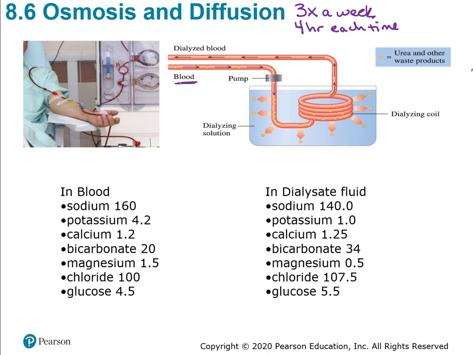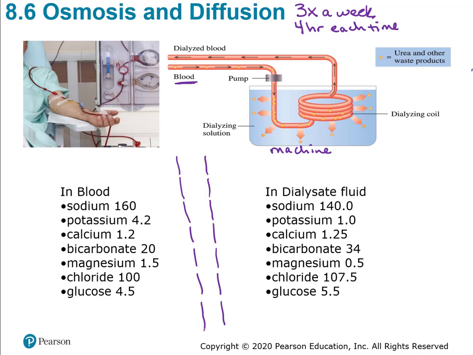and it goes into this dialysis machine. The machine circulates the blood through this tube, but the tubing in the machine is a little different. It's like the dialysis tubing that we used in lab. It has microscopic holes in it, small holes big enough for water to move, for salts to move, and for waste to move, but blood cells can't come out.